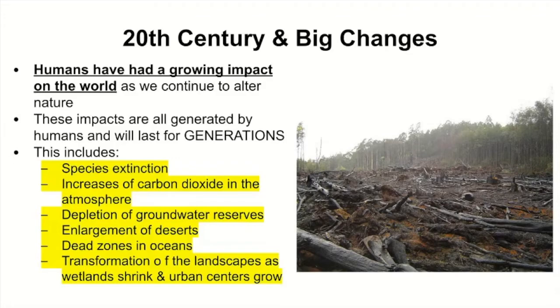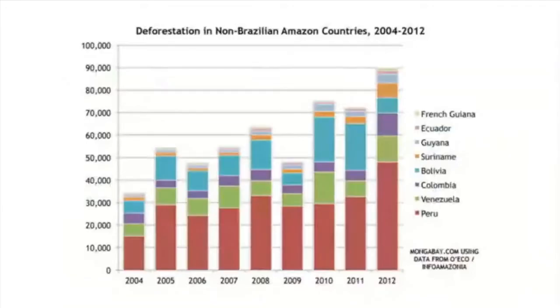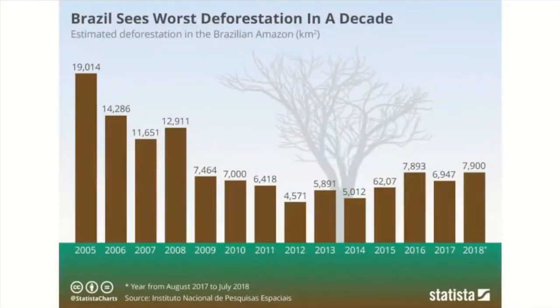Let's take a look at some deforestation statistics here. So deforestation in non-Brazilian Amazon countries from 2004 to 2012, we see a direct increase, and we can see that the numbers are rising. And this is very problematic with the oxygen, CO2 levels in our current atmosphere. So Brazil sees the worst deforestation in over a decade.